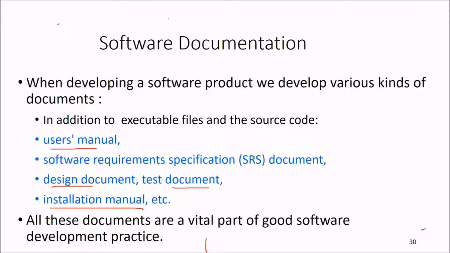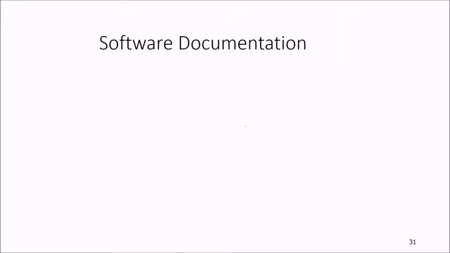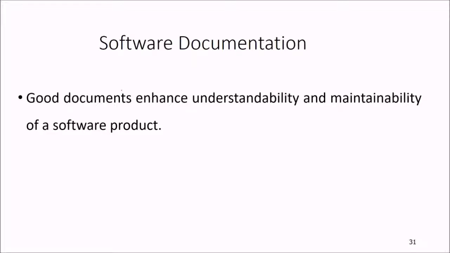If the installation requires some configuration or some registry or environment variable changes, then you have to write this installation manual also. These documents are pivotal, meaning they play a vital part in good software development practice. With a good document, understandability and maintainability are enhanced for the user of a particular software product.